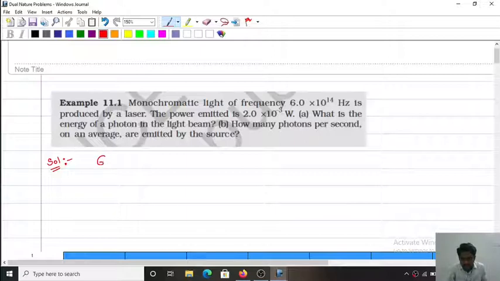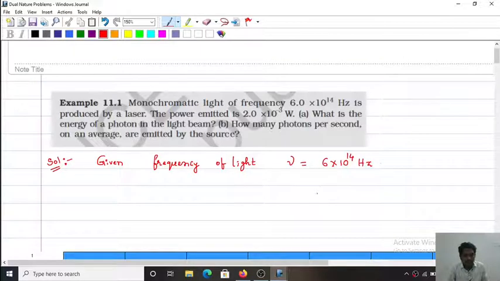It is given that the frequency of light, generally represented by nu or f, is nu equals 6 into 10 power 14 hertz, or second inverse.